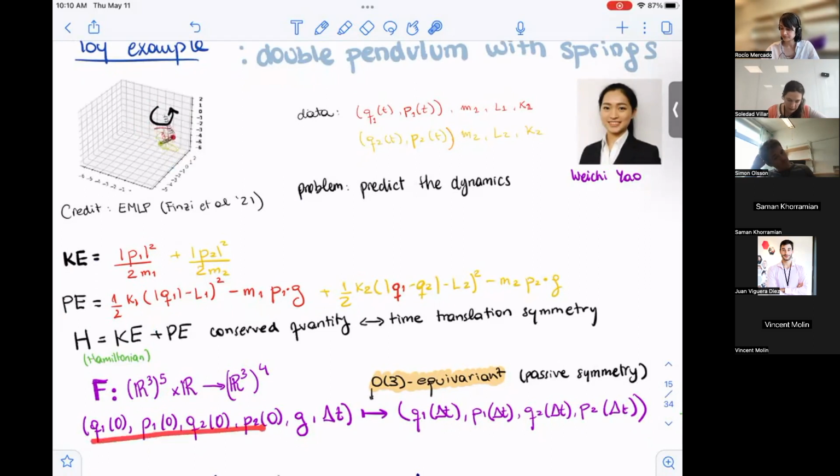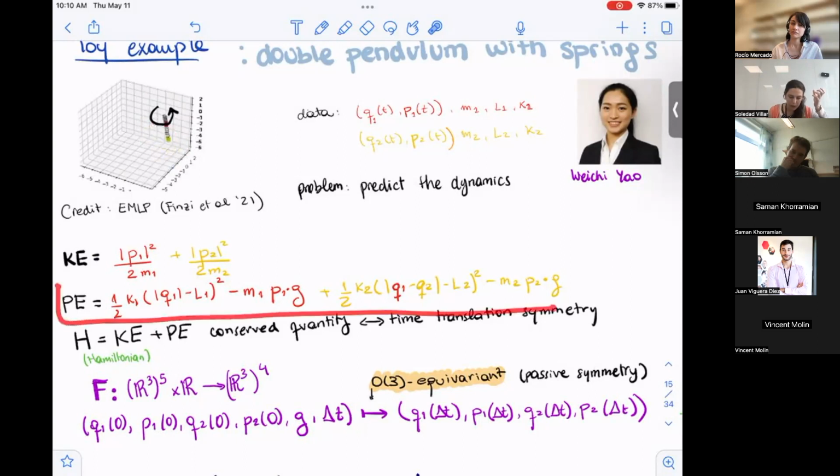So say, given this data, positions and momentums, I'm going to add the gravity vector as an input to my problem in order to make it equivariant, because this problem is not equivariant with respect to O3. But if I say that the gravity vector is an input to my machine learning model, then it will be equivariant with respect to O3, because the way I write the potential energy has inner products with the gravity vector.